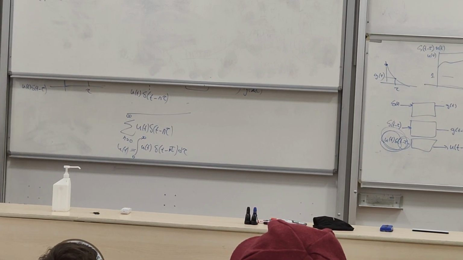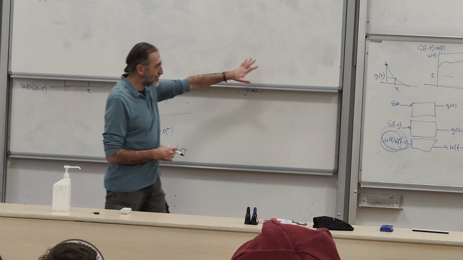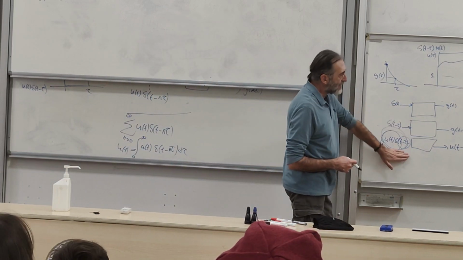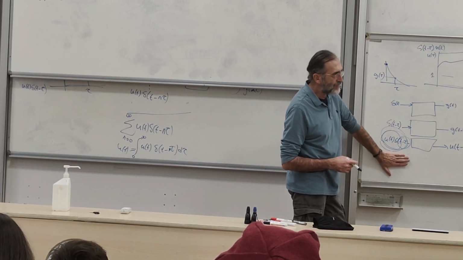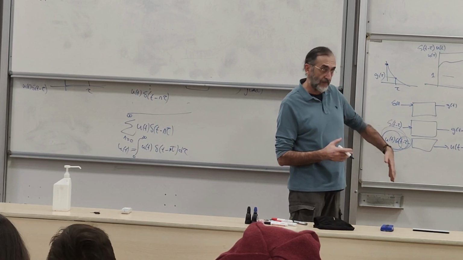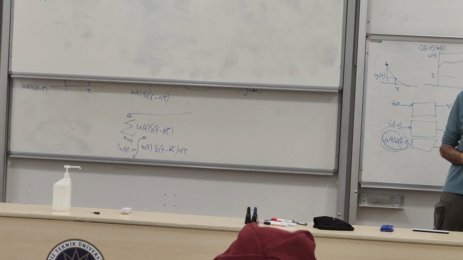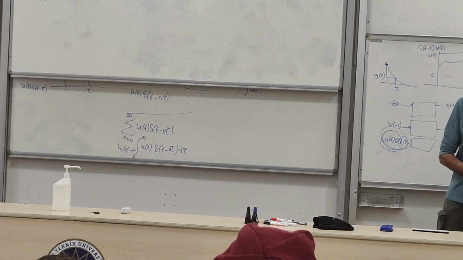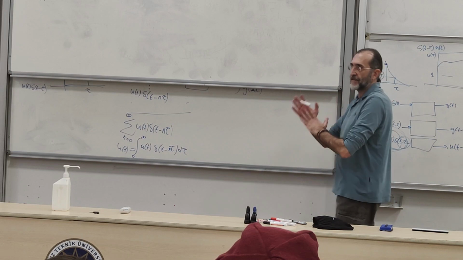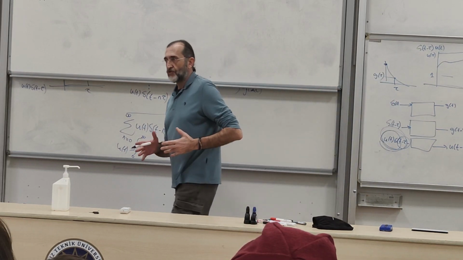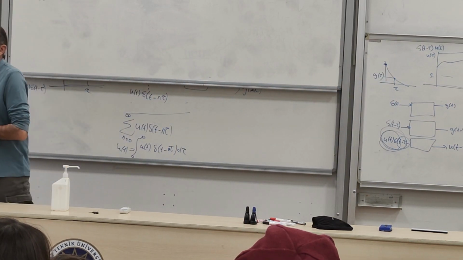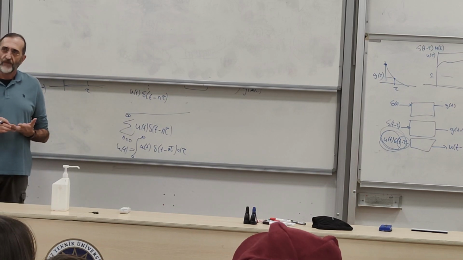So, relying on the superposition property of the system, I first do the summation, which means discretization of the input, and then I take that summation to the limit, turn it into an integral, and get the exact input.